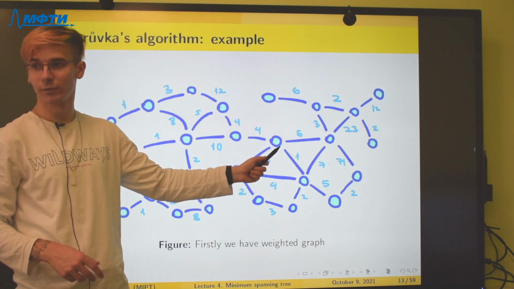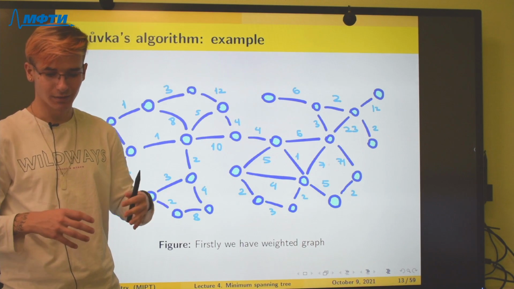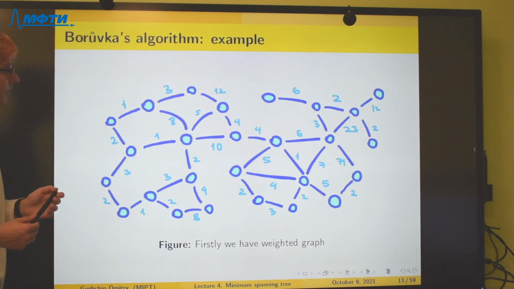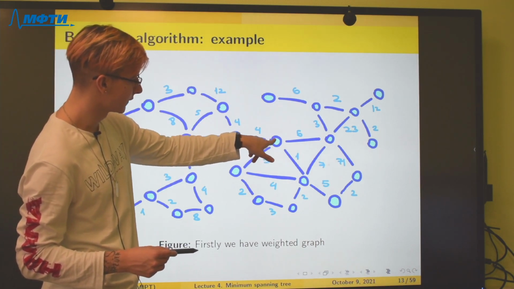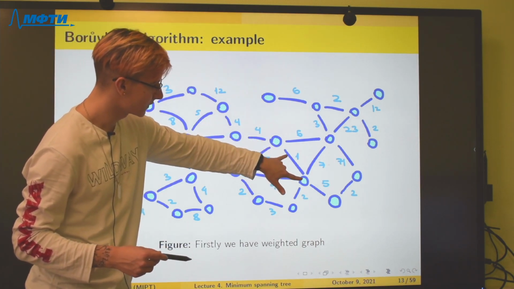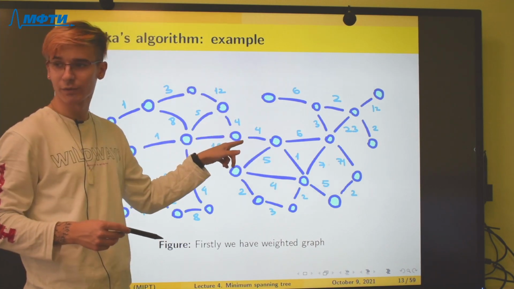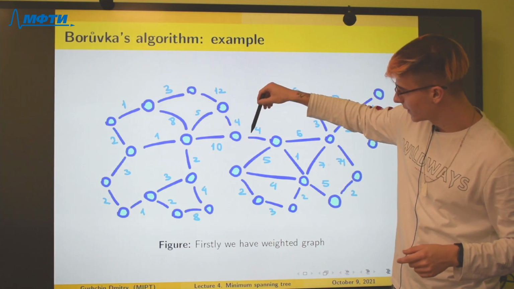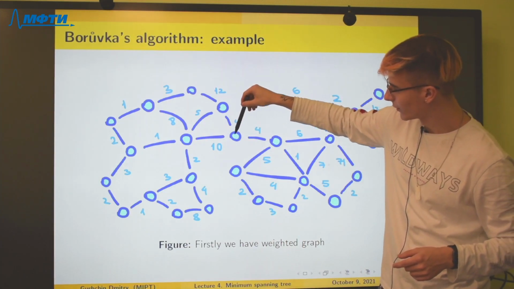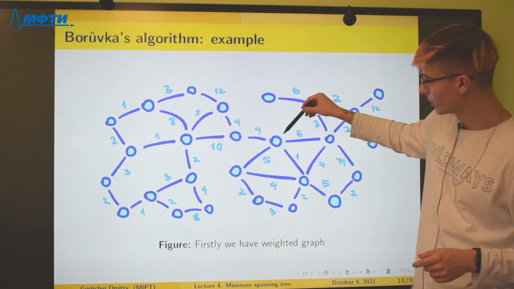Yeah. So we can add edges that connect this vertex with this component and this component too, because this edge will be minimum for this vertex and this will be minimum for this vertex.